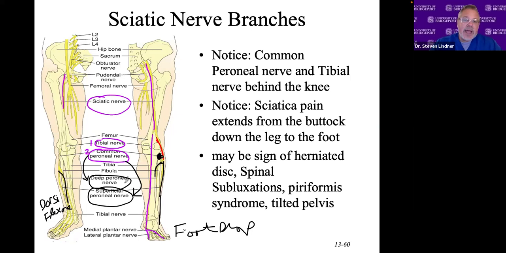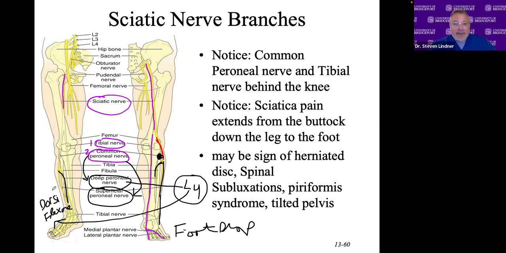It just so happens that the deep peroneal nerve also originates at L4. So there's a little rhyme here that L4 controls your dorsiflexor, which we know is tibialis anterior.